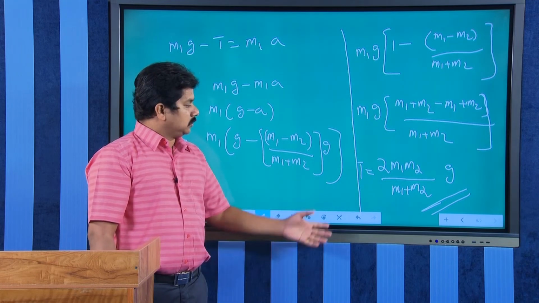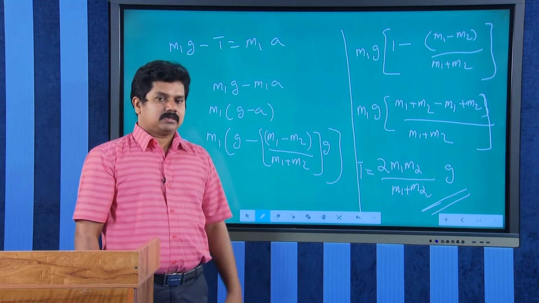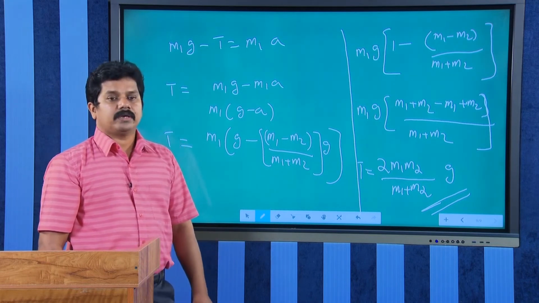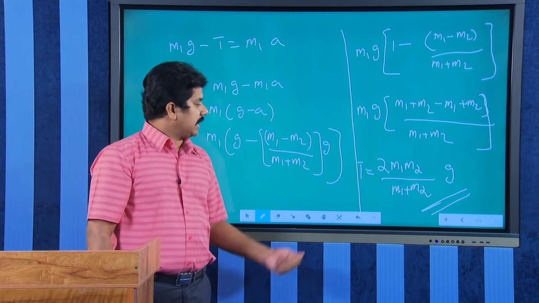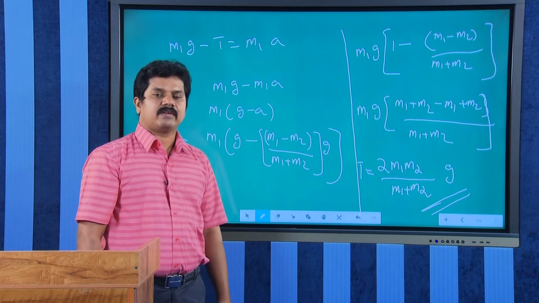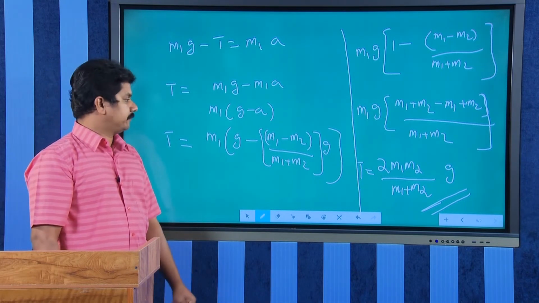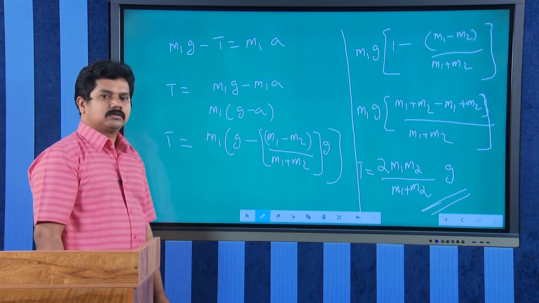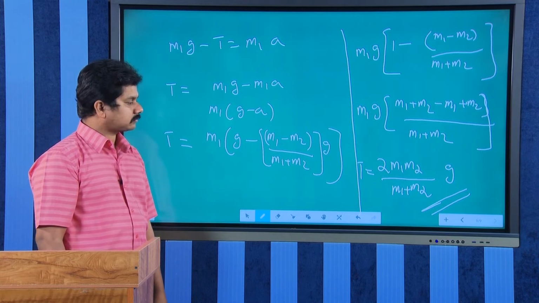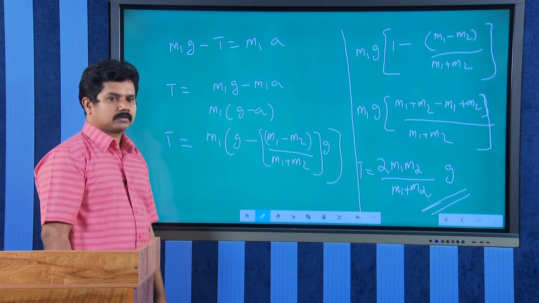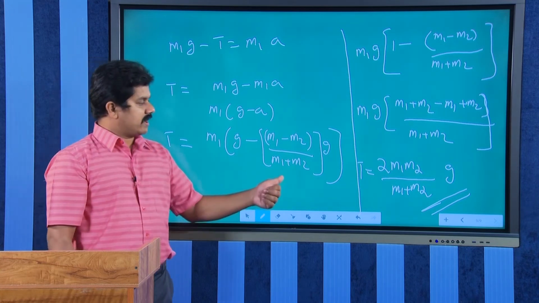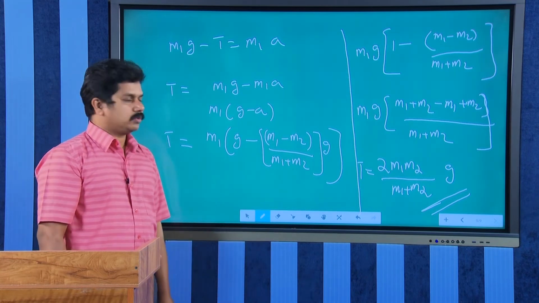So, the acceleration is m1 minus m2 by m1 plus m2 into g, and the tension is 2 m1 m2 by m1 plus m2 into g.